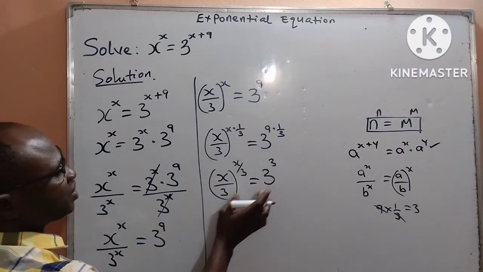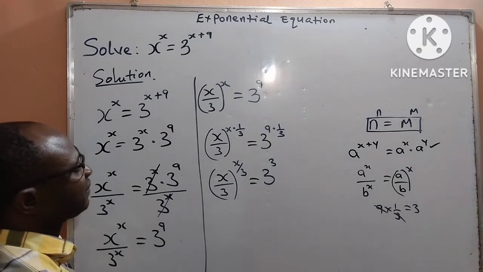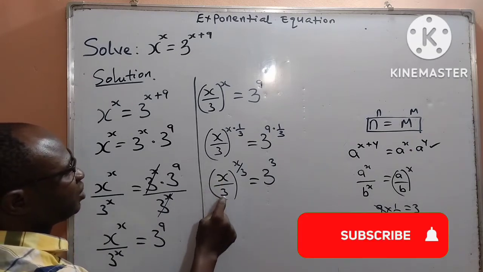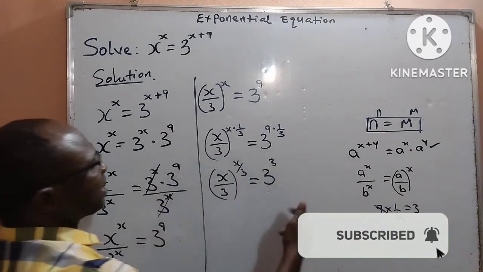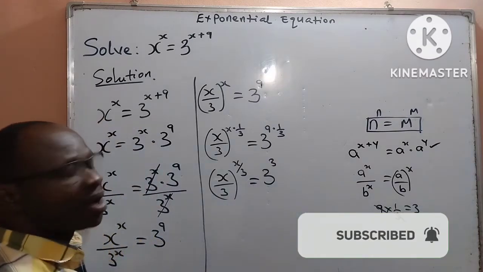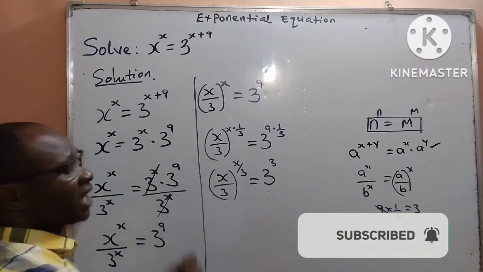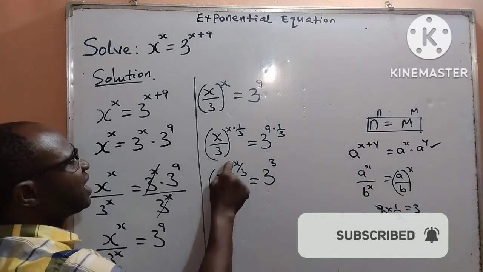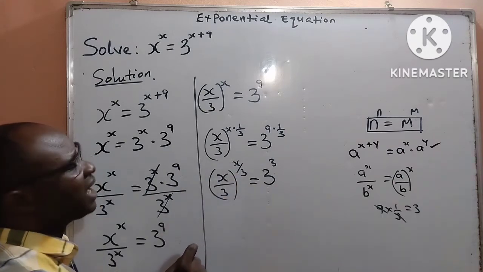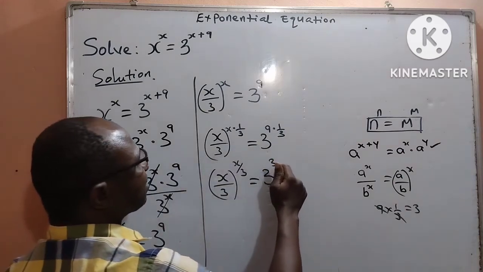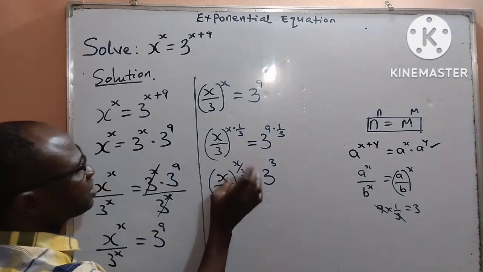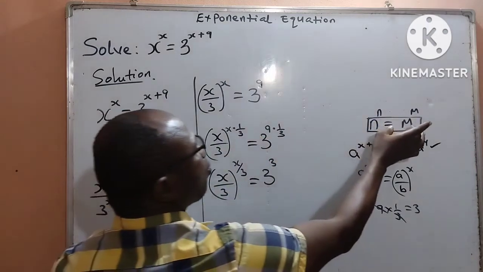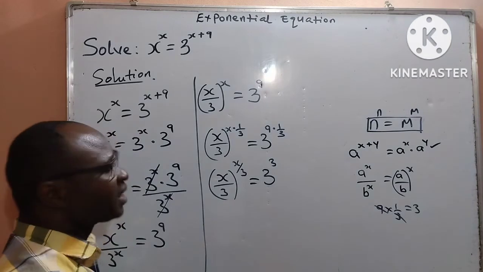Looking at this, you can agree with me that on the left hand side the base is x over 3, and the base on the right hand side is 3. Also, the power, that is the exponent on the left, is x over 3, and the power on the right hand side is 3. So this is exactly what we have in this law.